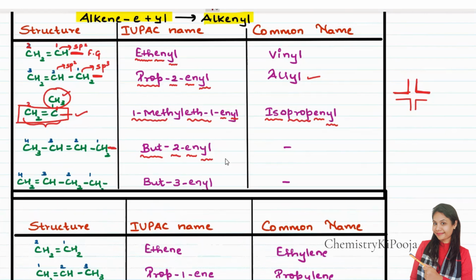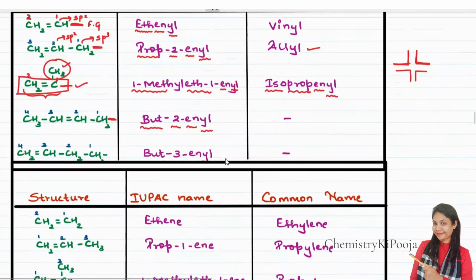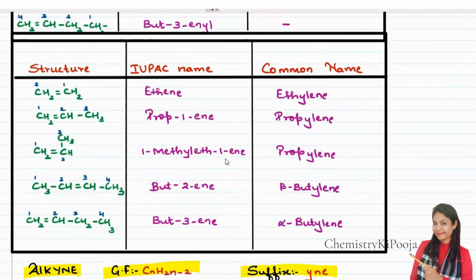Now coming to the next structures. This is the complete structure. Till now, we have studied part of a structure; now we are going to discuss the complete structure. So how are we going to start? The very first step is to look at the structure. Total number of carbon atoms are 2, so eth, then ene. Now the positions are 1 and 2. In chemistry, while writing the position, there is no need to write the position number 1.